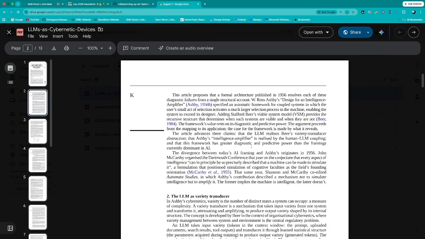Beer came up with this variety transducer idea, which is part of his viable systems model, well before large language models existed, but it's still a thing, and we'll get into what a variety transducer is in a minute. Then, Ashby's intelligence amplifier is realized by the human-large language model coupling, and this framework has greater diagnostic and predictive power than the framings currently dominant.